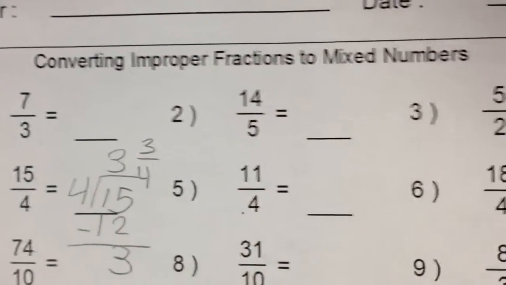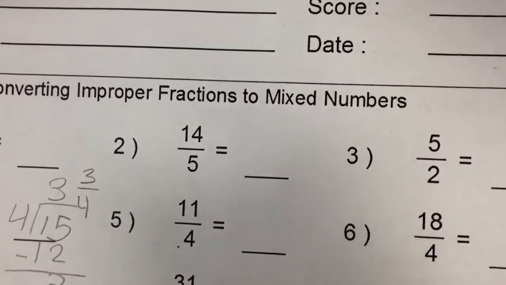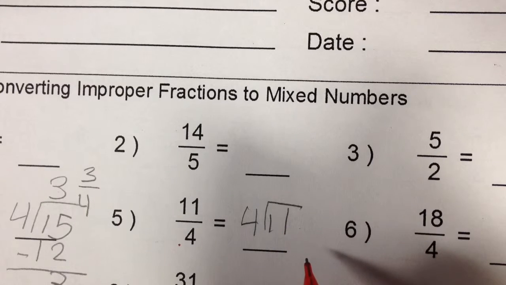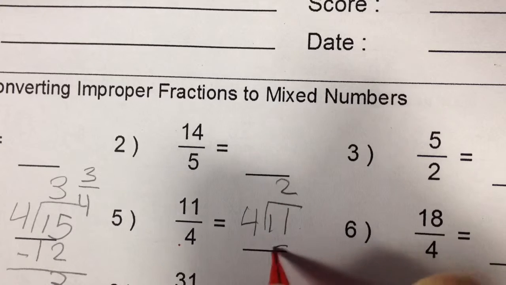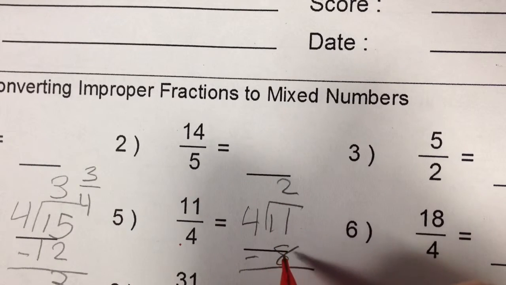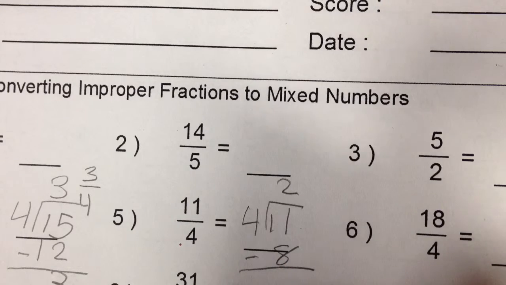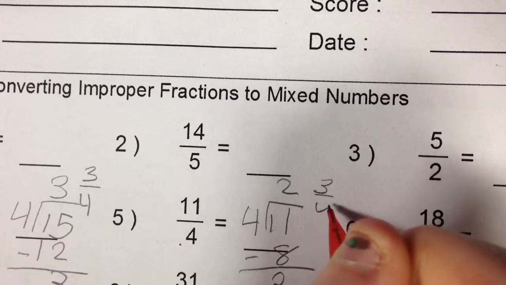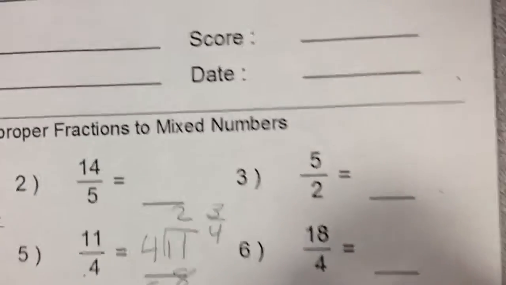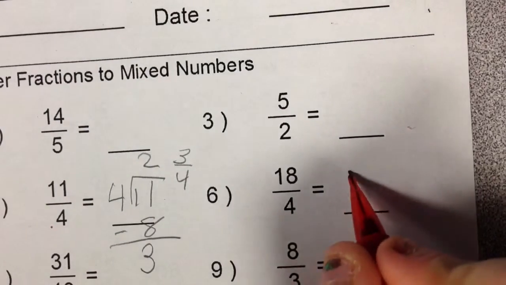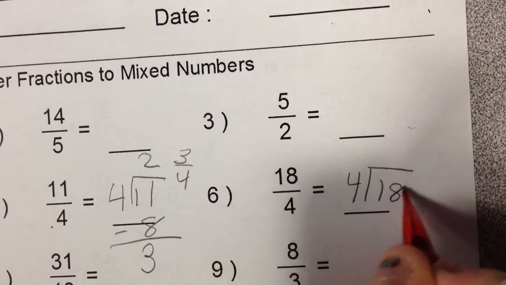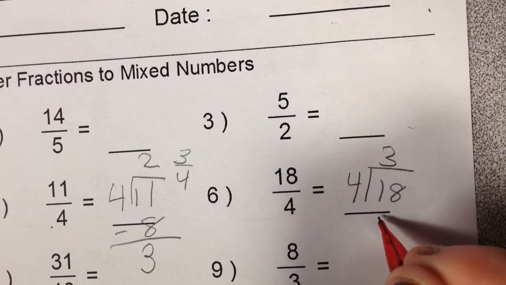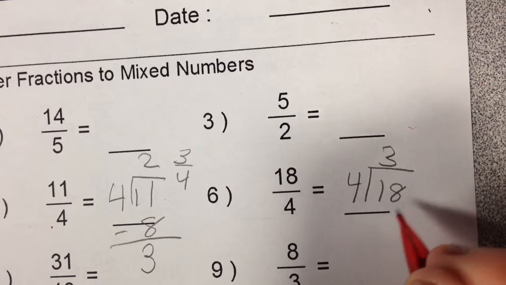So now go into number 5 and 6. You can go one higher.